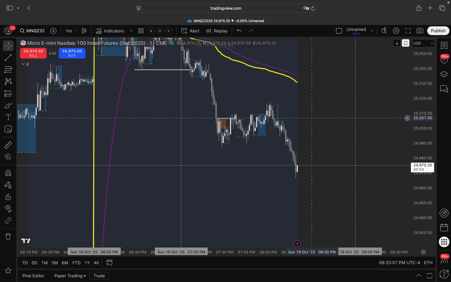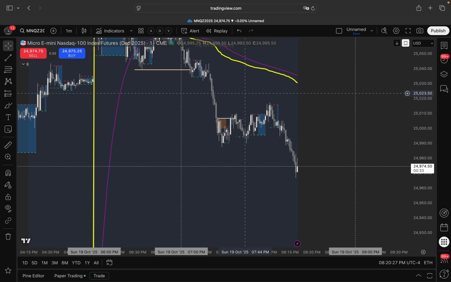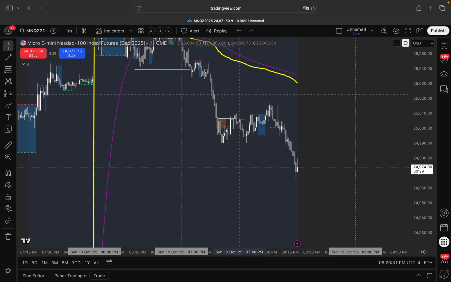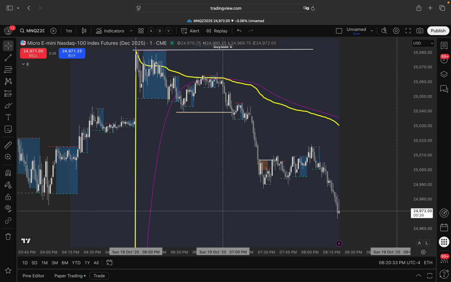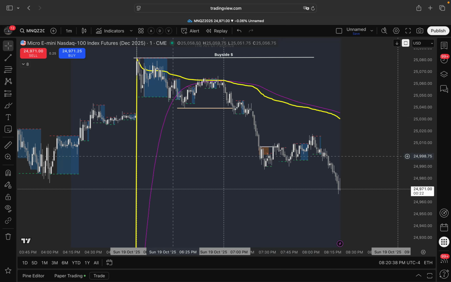I'm going to do a technical analysis on NASDAQ trading the Asian session in real time. So it's already past the macro, the time frame in which we look for the buy side and sell side liquidity.